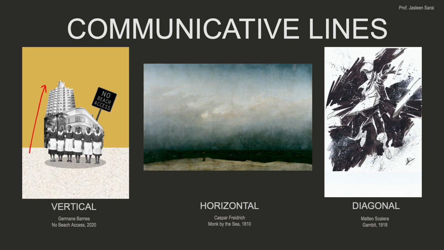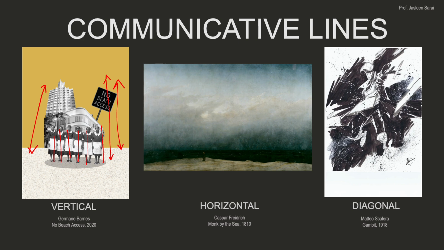In here, everything is up and down, even the way these ladies are standing. Usually vertical lines are a show of status, a show of power, and things of that nature. Okay, so if you want to show something that's stable and powerful and making a big impact, you're going to see some vertical lines.